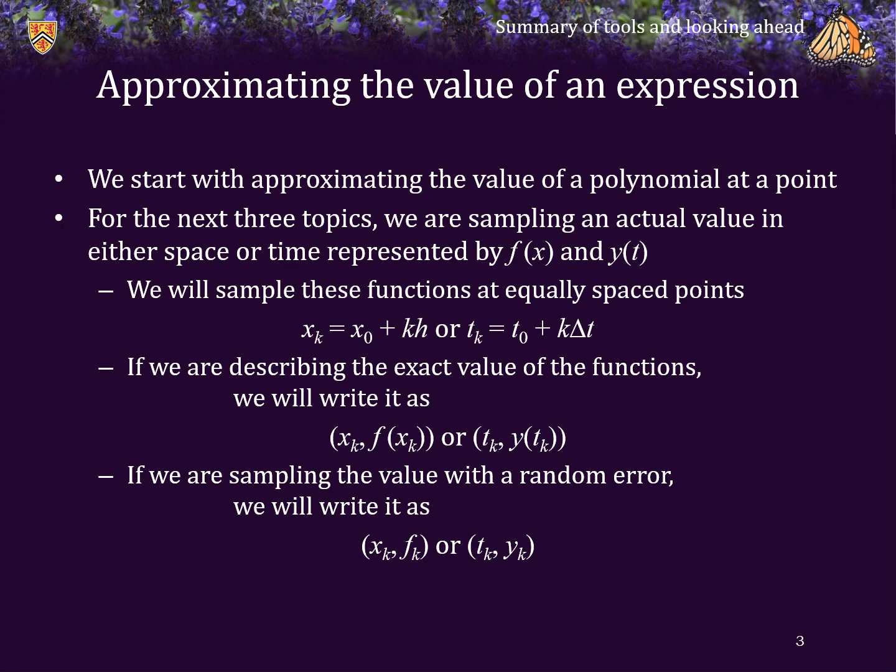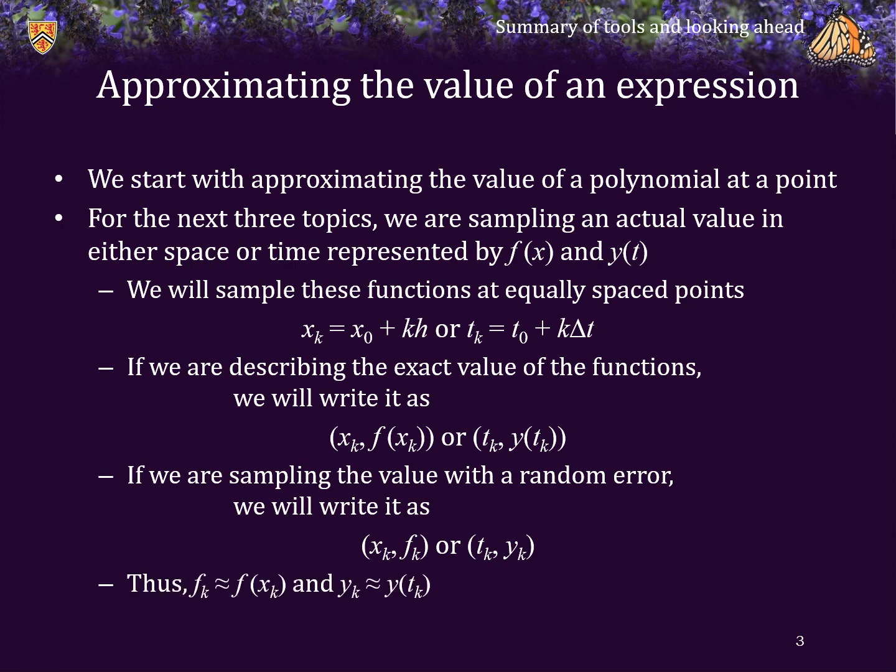Now, if, however, we are sampling the values of these functions through sensors which consequently have some sort of random error associated with them, then the value of the sample is going to be represented by f sub k or y sub k respectively, based on whether we're sampling in space or time.